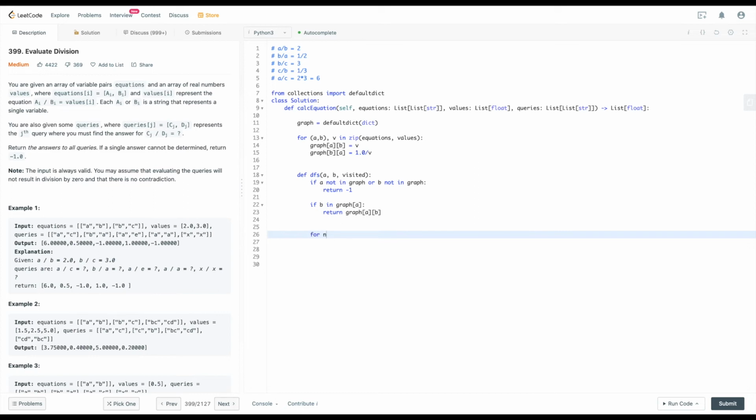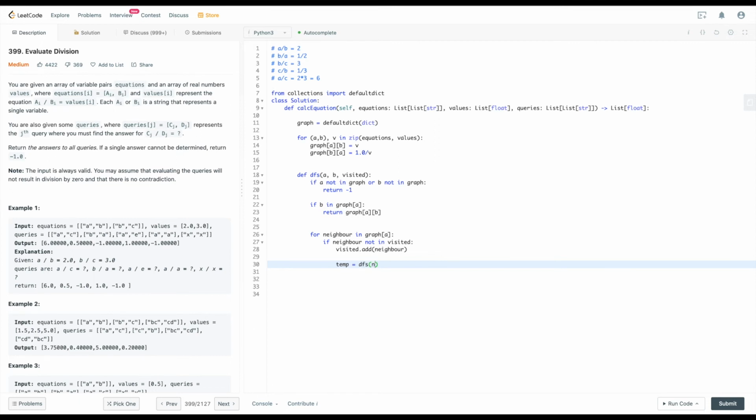So for neighbor in graph[A], if neighbor not in visited, visited.add(neighbor), and then we can do temp equals, we can run the DFS.